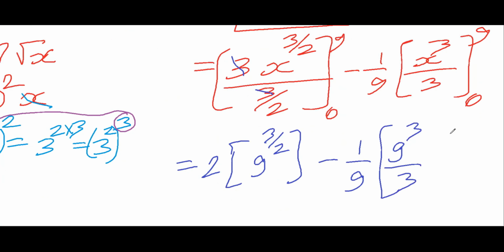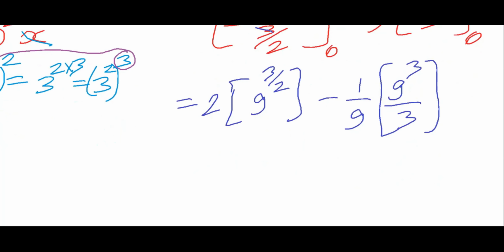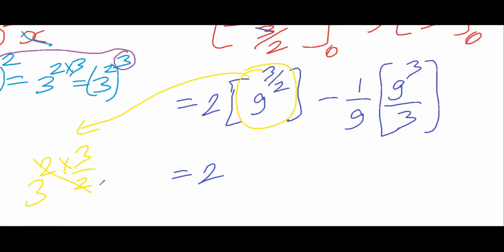This is minus 0, so I am not writing that. Next step: it is 2 and this is 9, right? This particular 9 you can write as 3 square into 3/2. This 2 cancels, I will get 3 square. 3 square is 27. So that is what I will write here: 27 minus this, which I will solve.